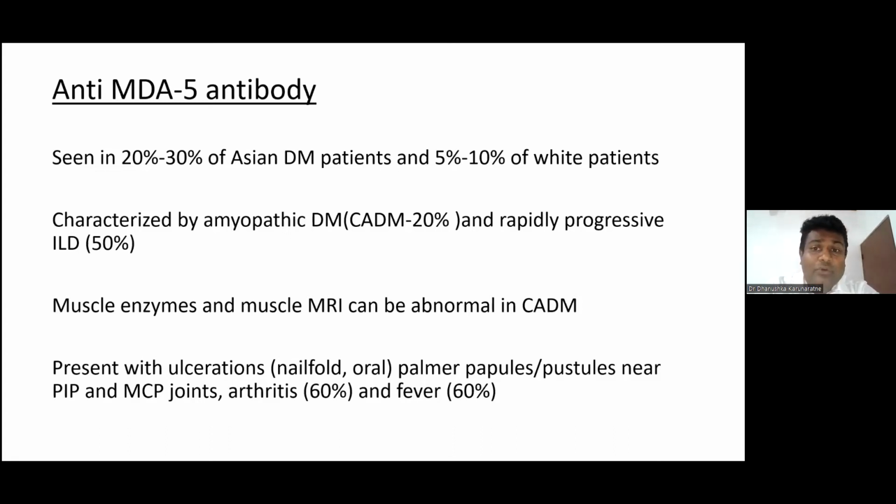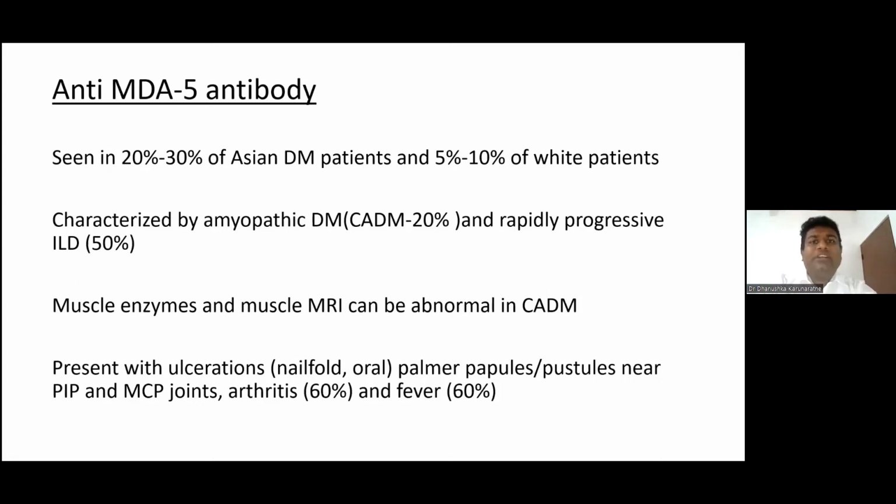This antibody could also be associated with rapidly progressive ILD in 50% of the patients. And muscle enzymes and muscle MRI can be abnormal, even though you could not clinically appreciate any muscle involvement.